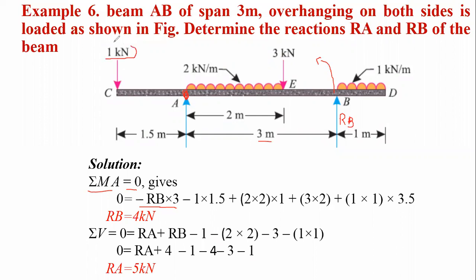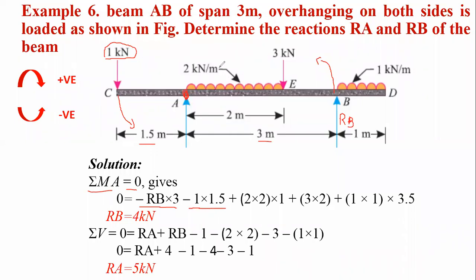First of all, consider this first load, 4 kilonewton, making an anti-clockwise moment. Sign convention: clockwise moment is positive, anti-clockwise moment is negative. This 1 kilonewton load makes an anti-clockwise moment about point A, and the perpendicular distance is 1.5. That's why minus 1 into 1.5.